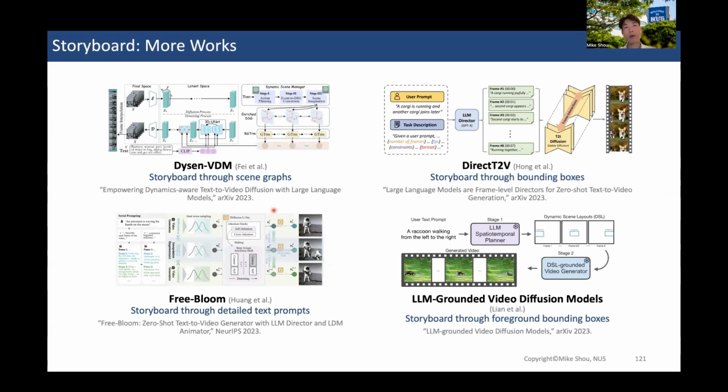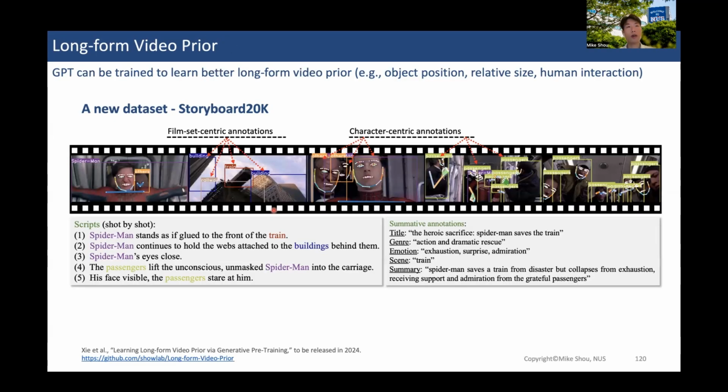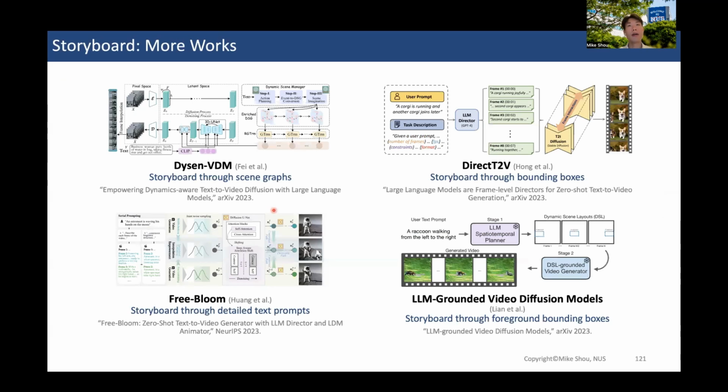For this work, we are still doing some cleaning and improvement, so we hope it can be released in early 2024. But anyway, in this domain of storyboards, there are a lot of quite exciting works as well.